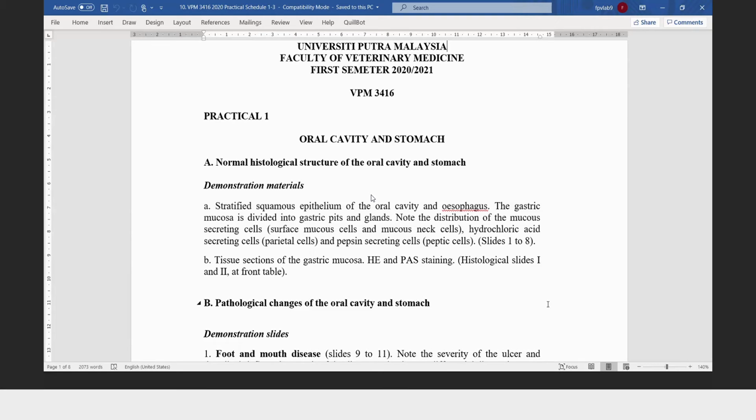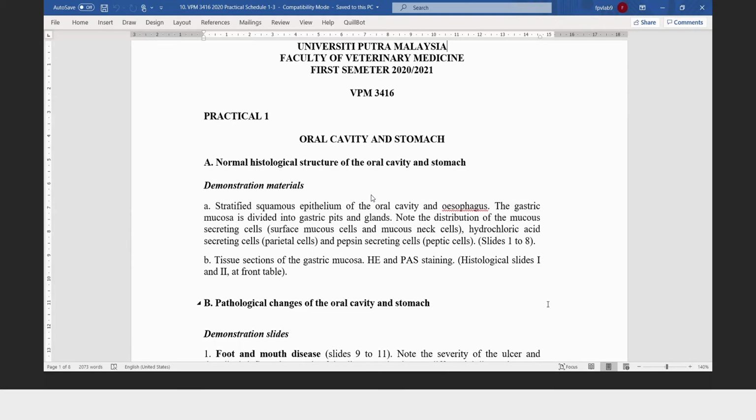Then the gastric mucosa: I mentioned this morning that they have a gastric pit and gland, containing mucus secreting cells. I showed you this morning the histology. They comprise surface mucus cells and mucus neck cells. Both are mucus secreting cells, and they produce mucus.